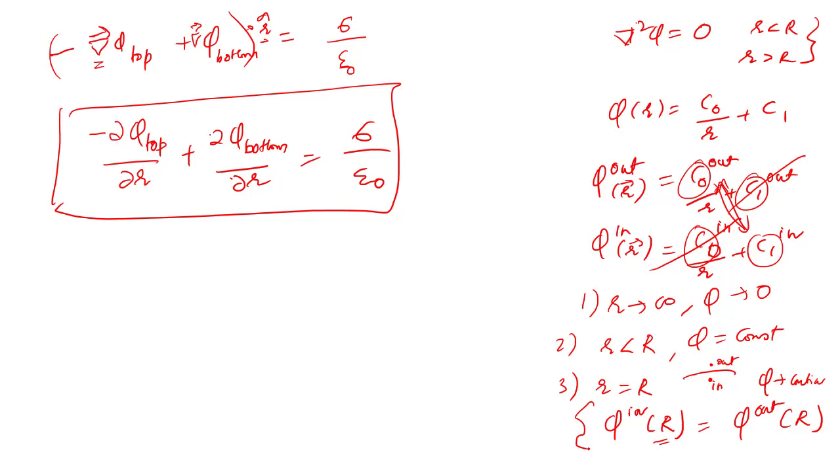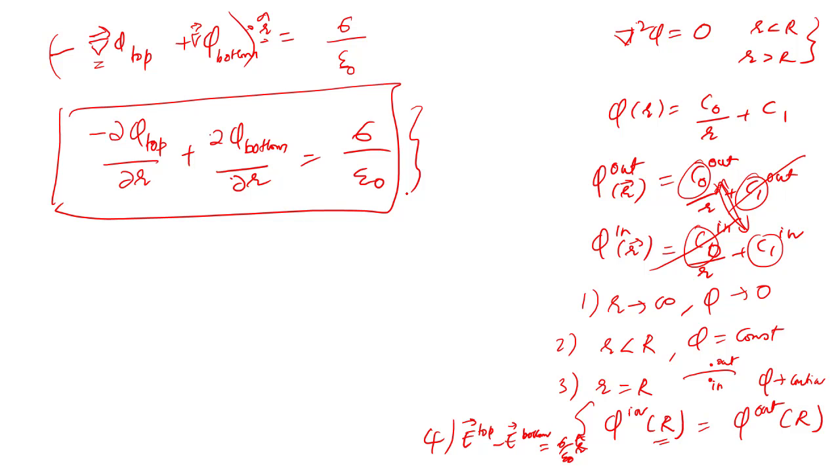So then we set out to find another boundary condition. That was the 4th boundary condition. And to find it, we essentially found that E top minus E bottom is equal to sigma by epsilon naught r, because of Gauss's law.